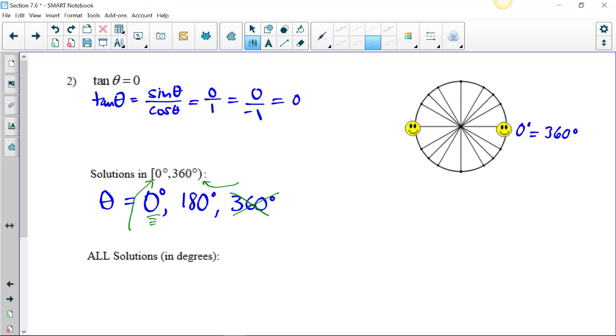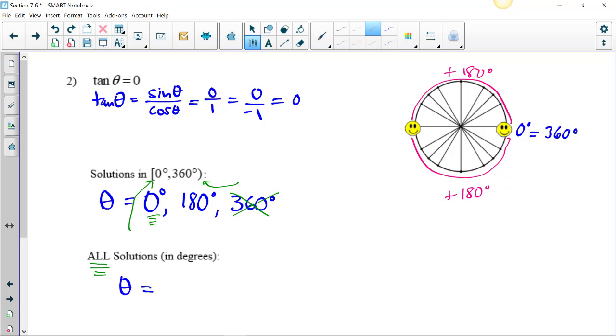All right, so if we're going to give all solutions, I want an expression that will calculate every single angle coterminal. Well, if I notice that these two angles are equally spaced, to get from 0 to 180, I add 180. To get from 180 to 360, I add 180.